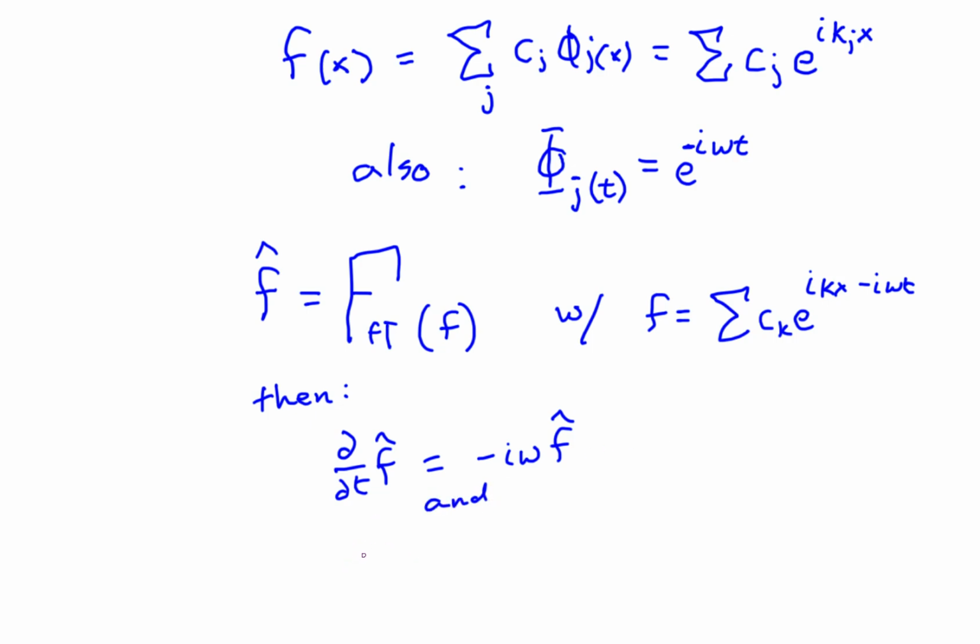And d by dx of f hat is i k f hat, because the Fourier system here is the eigenfunction of both the time and space derivative operators.